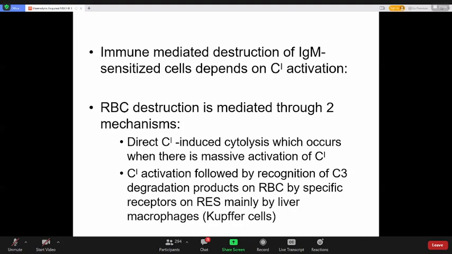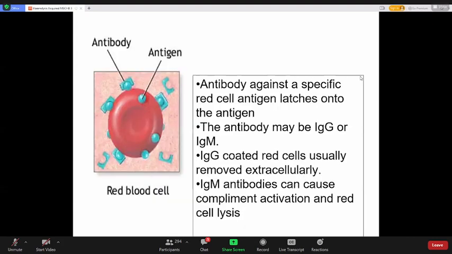That's a brief pathophysiology of complement activation and cell-mediated activation, so that is immune hemolysis.